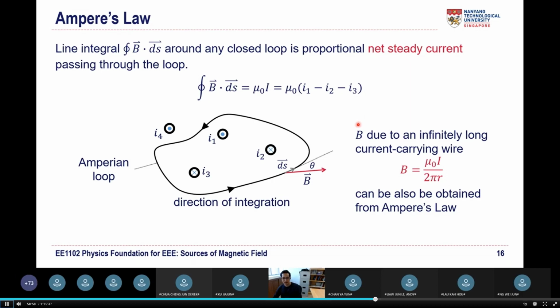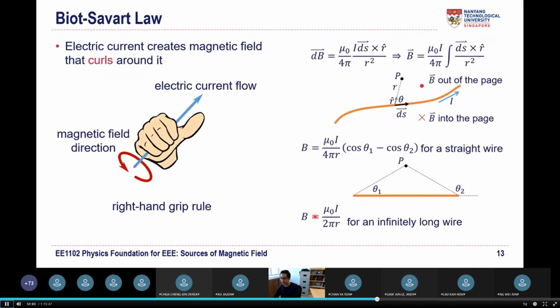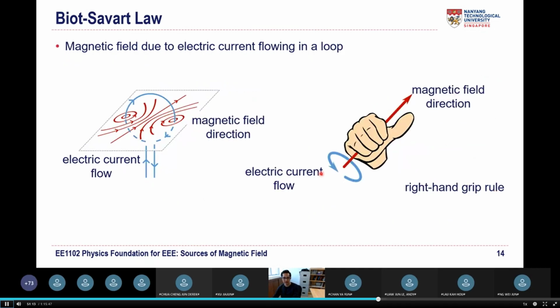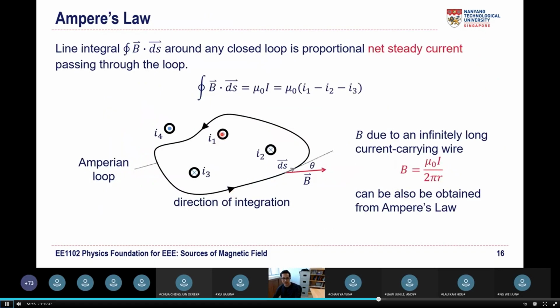So in fact, this infinitely long current carrying wire, if you remember, this was the equation for it, which we got from here. So now assume that this is an infinitely long current carrying wire that is coming out of the page, for instance. So imagine that is I1, that current carrying wire, and then you don't have any I2, I3, or I4, and then you put a circle around it, just like that. Okay, circle around it.